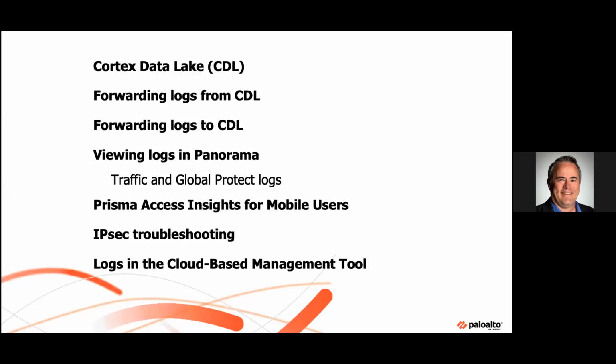And of course, all the other pieces of your Palo Alto Networks platform can also be forwarded to Cortex Data Lake, and we'll take a little look at that. So we'll talk about Cortex Data Lake. We'll talk about forwarding logs out of Cortex Data Lake to other destinations. And of course, how you get Prisma Access to forward logs to Cortex Data Lake.